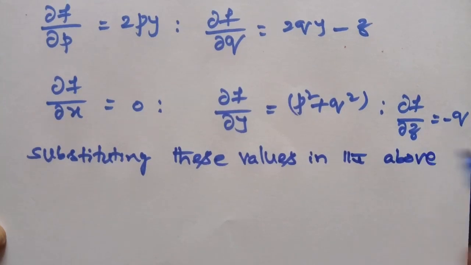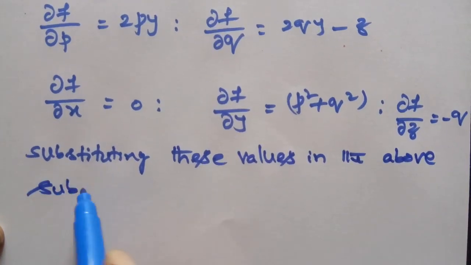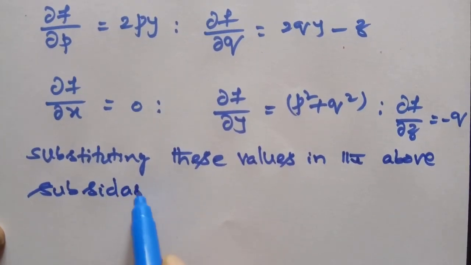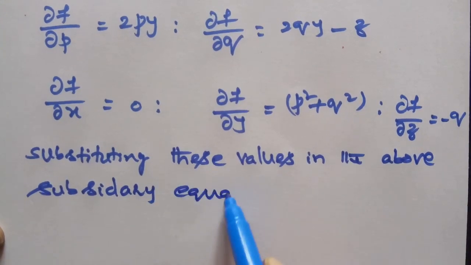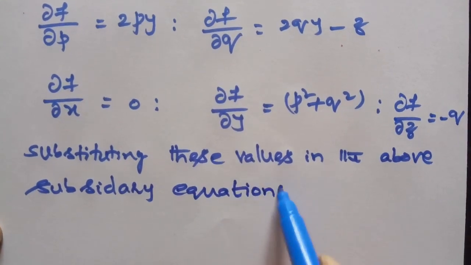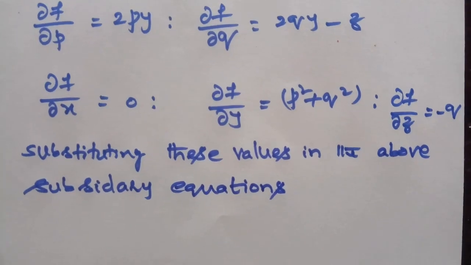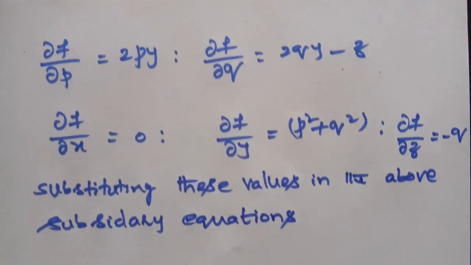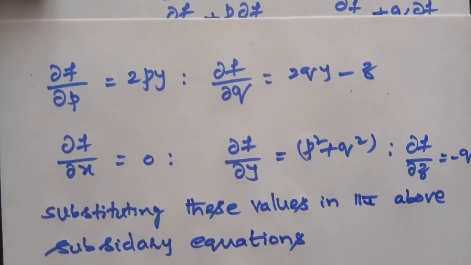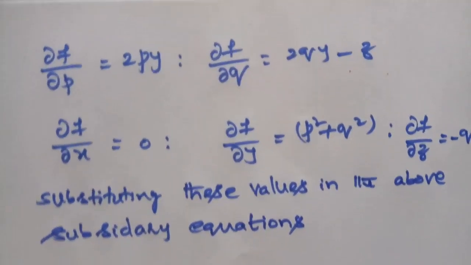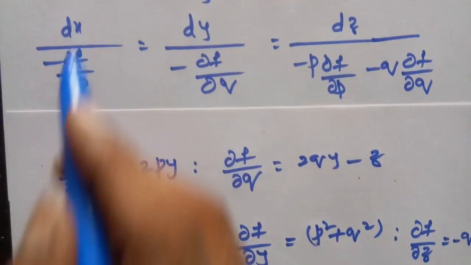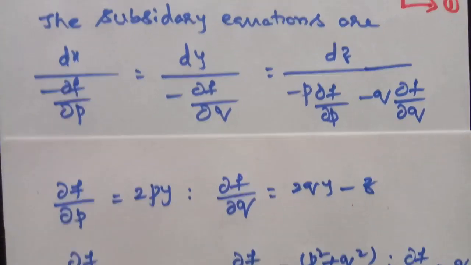In the above subsidiary equations, the subsidiary equations are now dx by minus dou f by dou p.